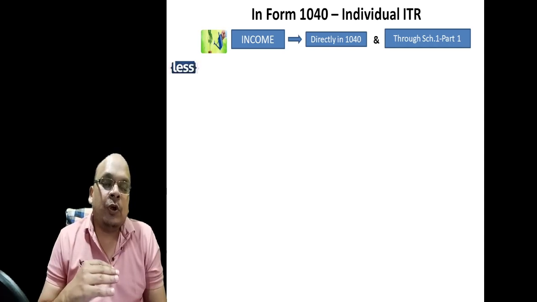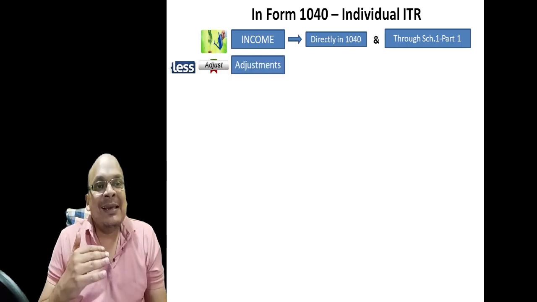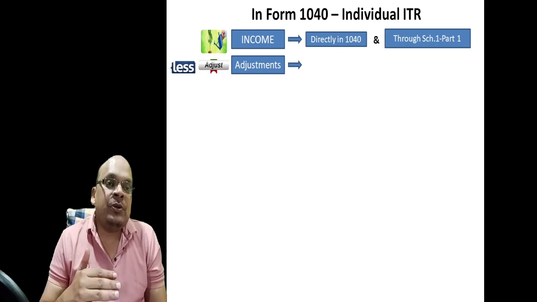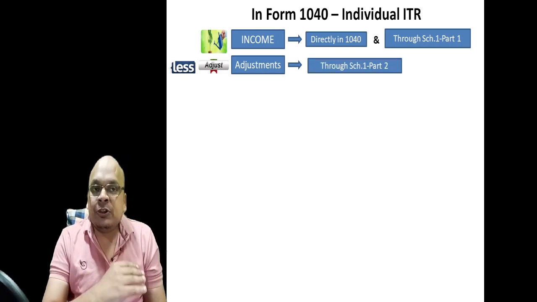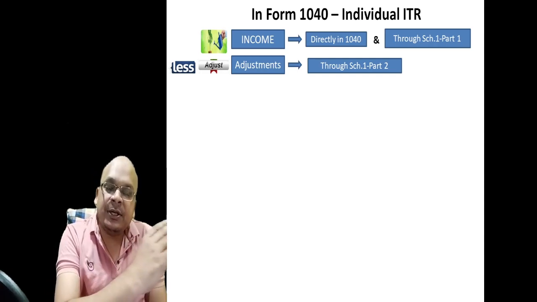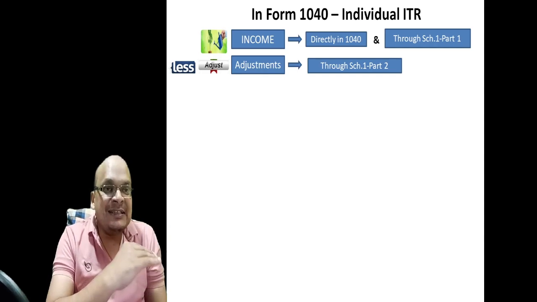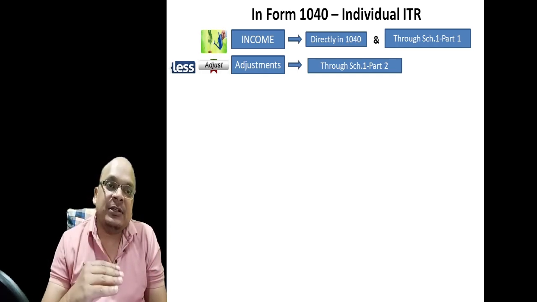Now, to this income, you apply certain deductions known as adjustments, right? These adjustments are actually deductions which are presented in Schedule 1, Part 2. So Schedule 1 remains the same, but Part 1 talks about certain other incomes, and Part 2 talks about the deductions which are called adjustments and that are available from the income.